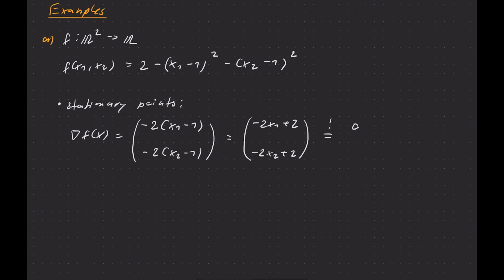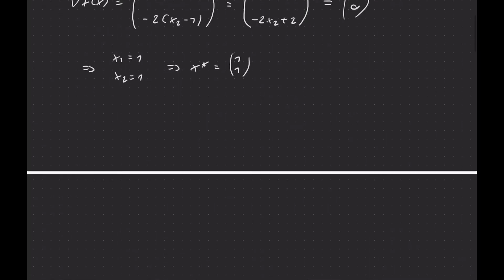And if you want that to be 0, then of course x1 has to be 1 and x2 has to be 1. So our only stationary point is the point (1, 1). So we have one and only one candidate for a local optimum here.